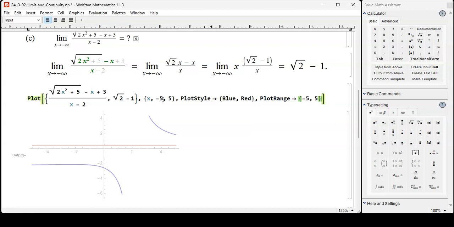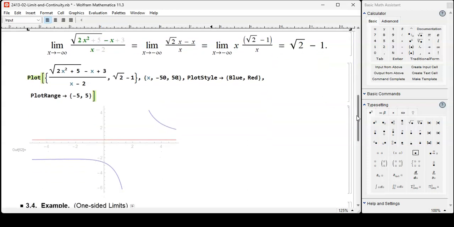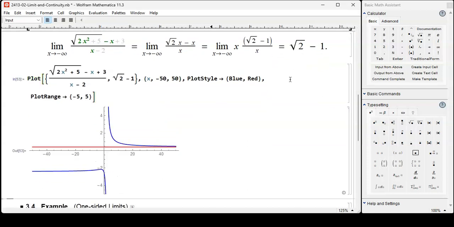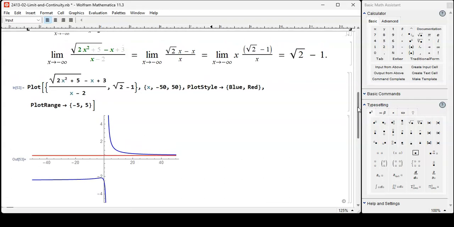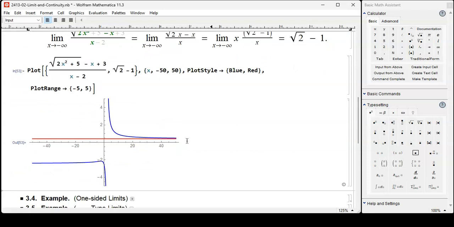And then let's go from -50 to +50. Do you expect an asymptotic behavior? What do you think? Do you see an asymptotic behavior? Yes, you do, and it looks good, but, big but.